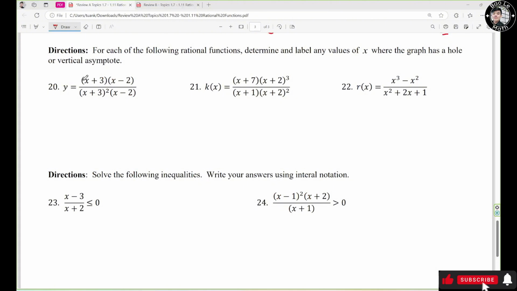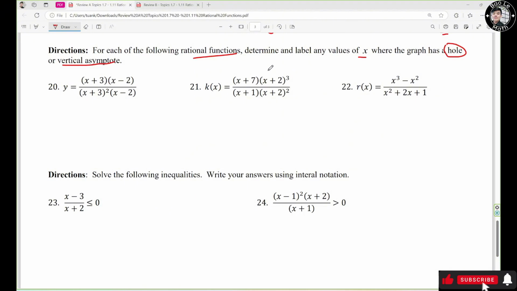Now, let's take a look at number 20, 21, and 22. For each of the following rational functions, determine and label any values of s where the graph has a hole or vertical asymptote, right? Now, keep in mind, the vertical asymptote is when denominator equals 0, right?